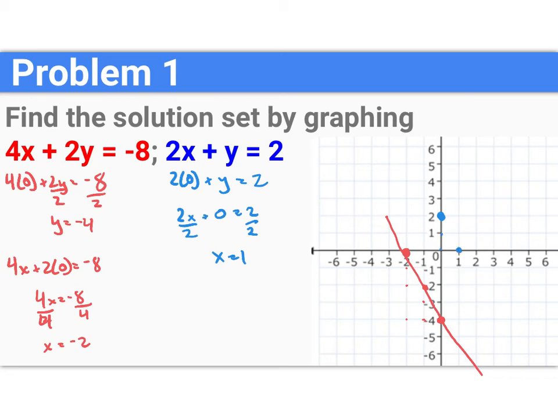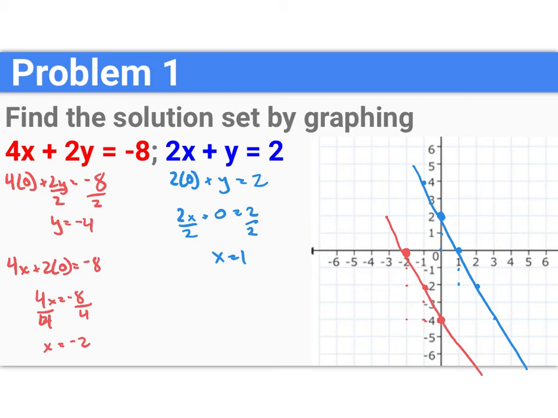Although the slope looks to be the same, these lines will never intersect. So these lines are actually parallel.